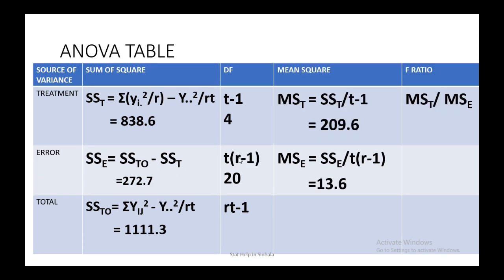So now we have all the calculations required for calculating the F ratio. F ratio is mean square treatment divided by mean square error. Now we have mean square treatment and mean square error, so we can calculate the F ratio, that is 15.4 for this experiment.